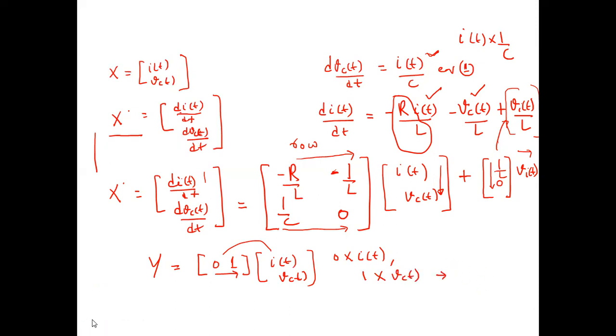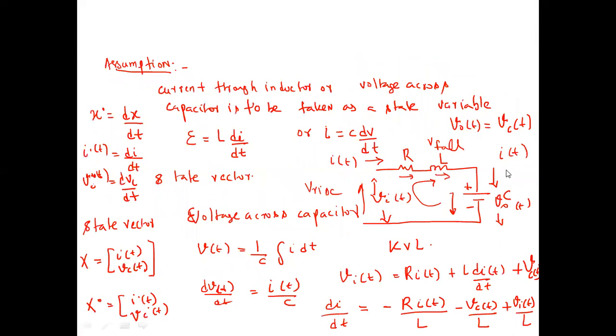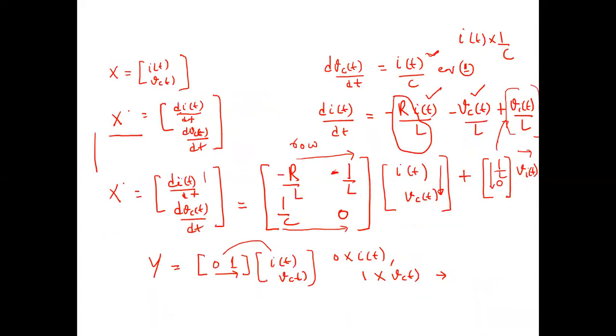If you go back to the equation, your output is Vc(t), so your y(t) is simply Vc(t). You just have to express it in state variable form.